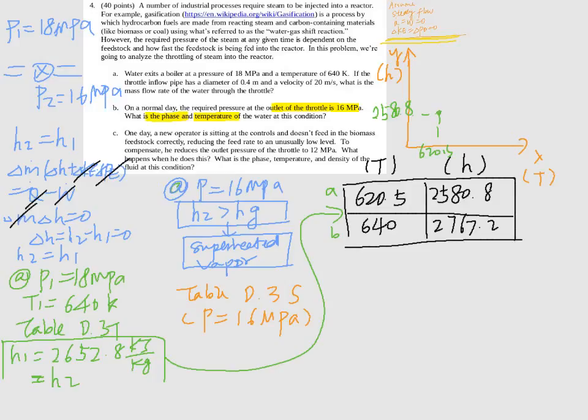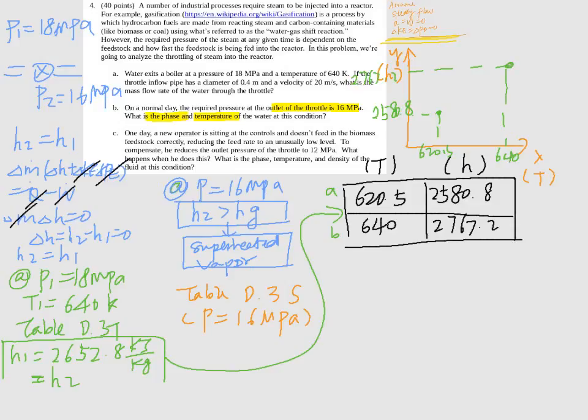And the second point is 640 and 2767.2. That's the second point.